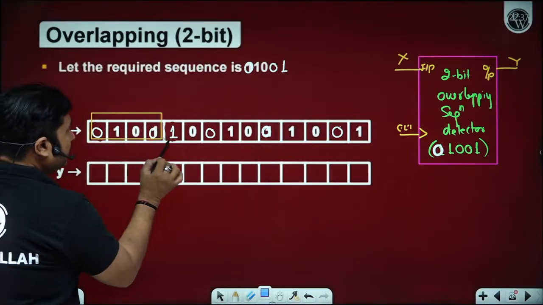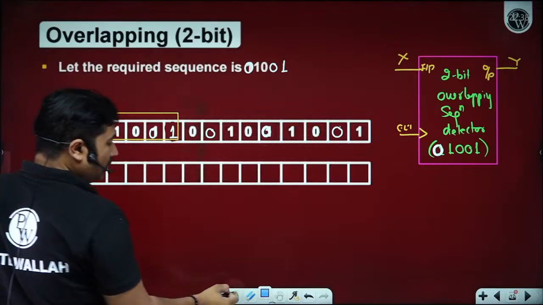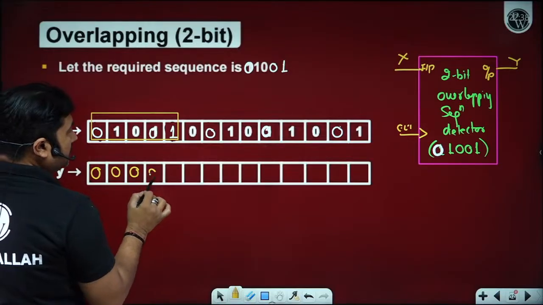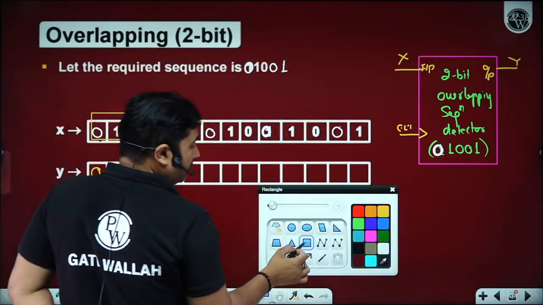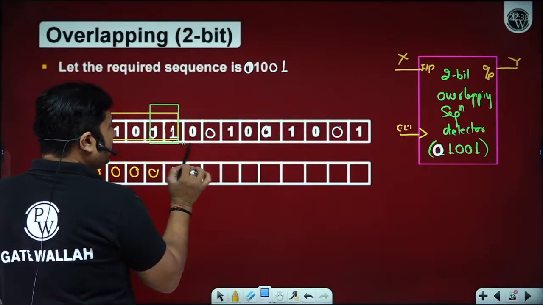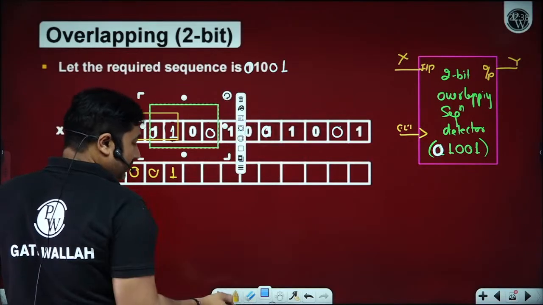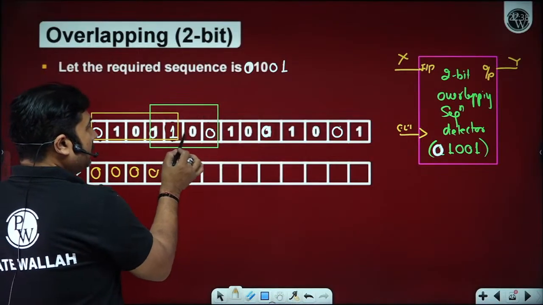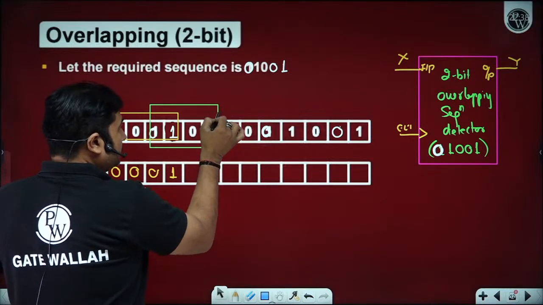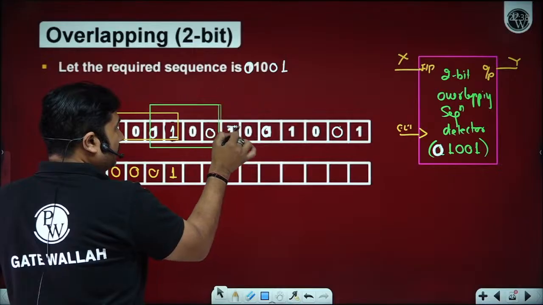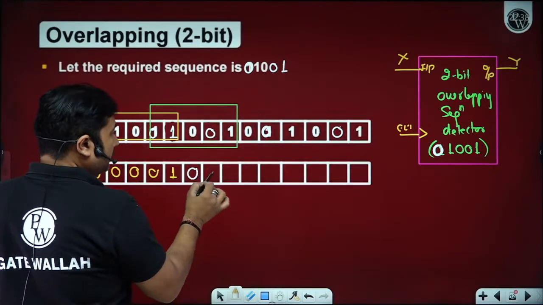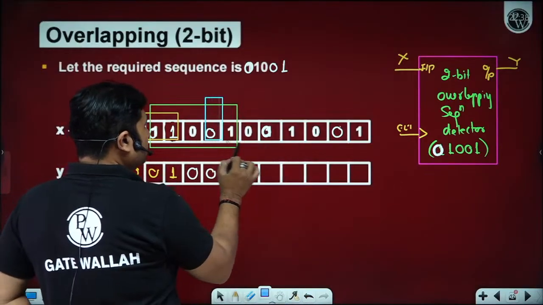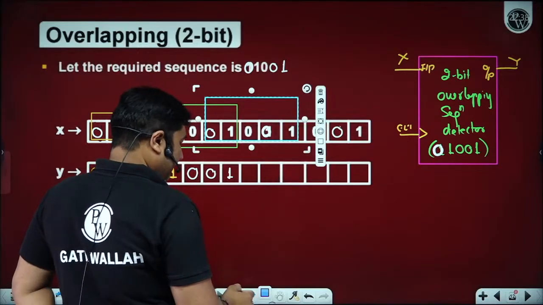So all of you can observe here 0 1 0 0 1 is the required set of sequence, so output will become logic 1. 2-bit overlap means the last 2 bits of the previous sequence will become the first 2 bits of the next sequence. So what you will get? 0 1 0 0 1, 0 1 0 0 1. The required set of sequence got detected. Again, if you observe, it's a 2-bit overlap.